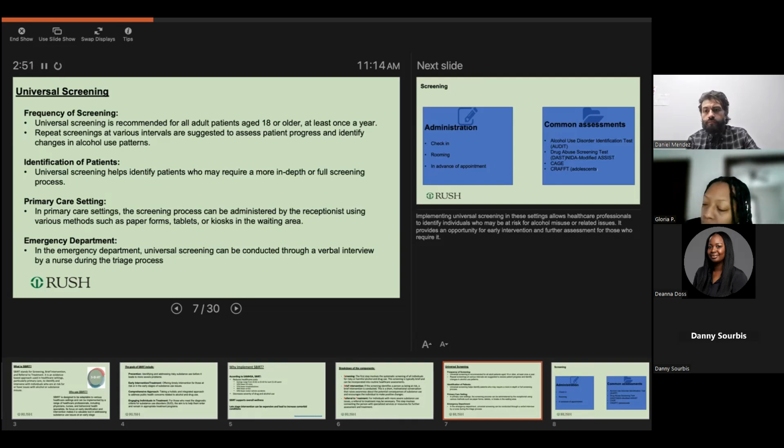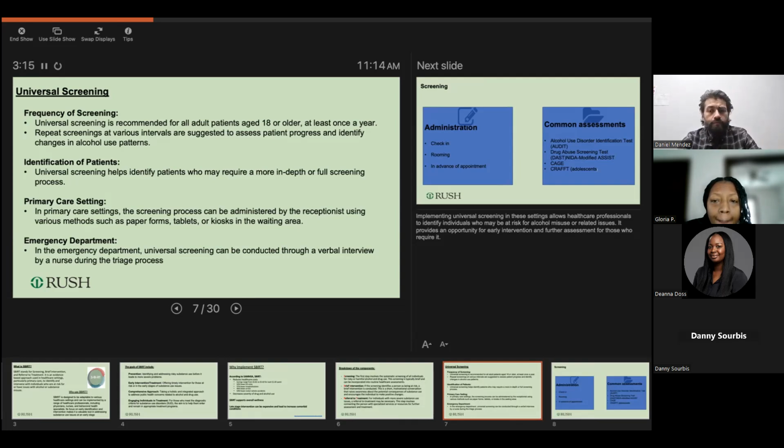I have a question, Deanna. For this screening process, someone will only use it if they thought the individual was suffering from substance use disorder, just by asking a series of questions? Yeah, so it's the AUDIT and DAST.